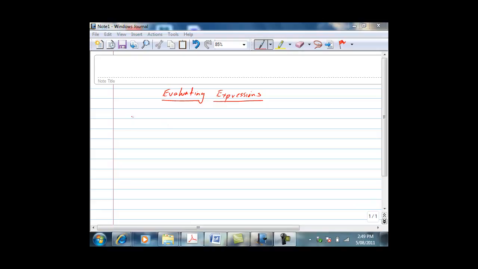Let's say we give x a value of 4, and we've got an expression x plus 5, and how do we find the answer? We need to substitute for x.